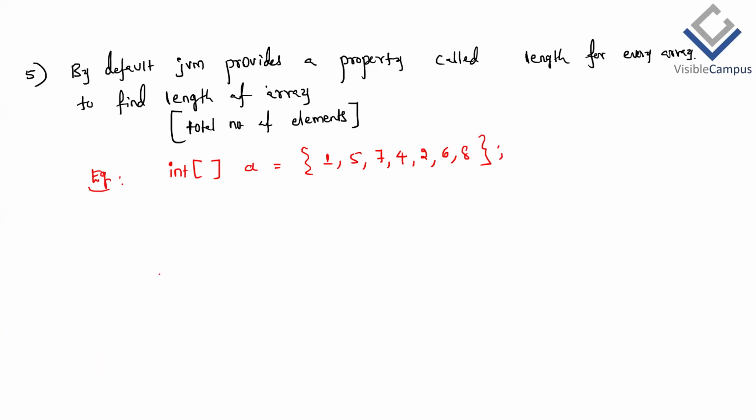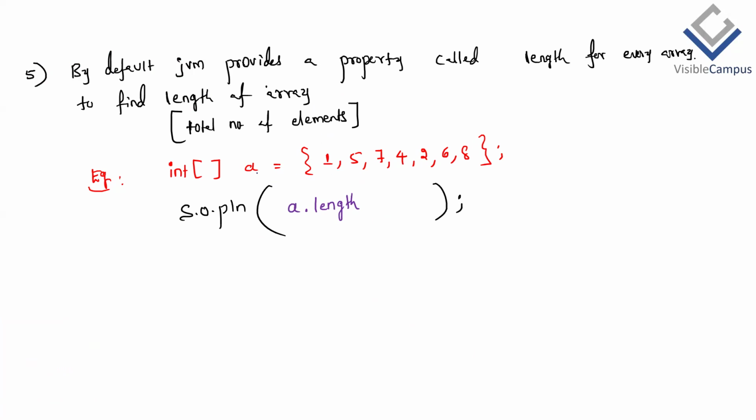So for that, what is the property that JVM is giving? Length property. Then how to use it? System.out.println to see the output. Then what's property? Length property. How to use it? Array name A, square bracket, dot length. A dot length. That's all. Array name dot length. So that allows to get the length of the array, that is total number of elements.